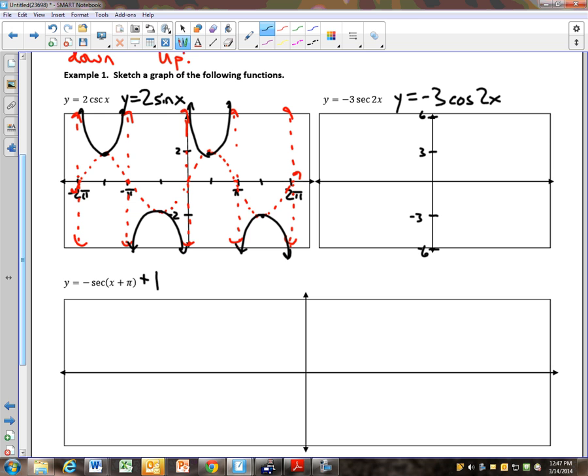What's the period? Pi. Is there a horizontal shift? Nope. No horizontal shift. Where does this cosine graph start?